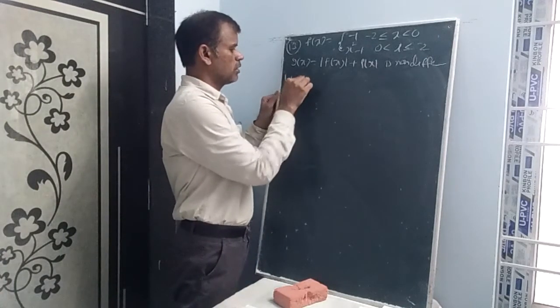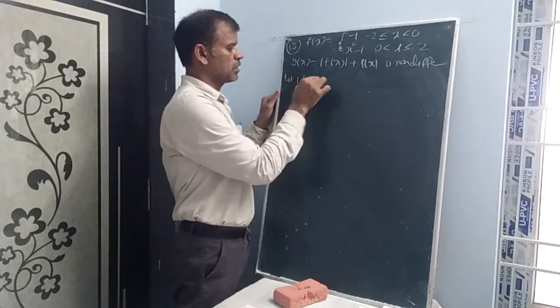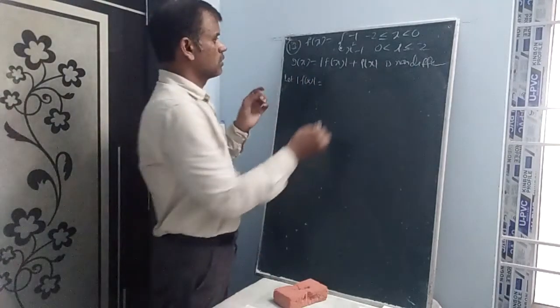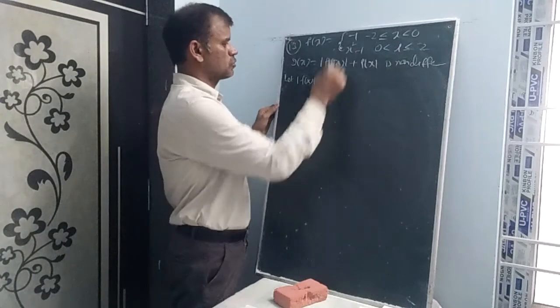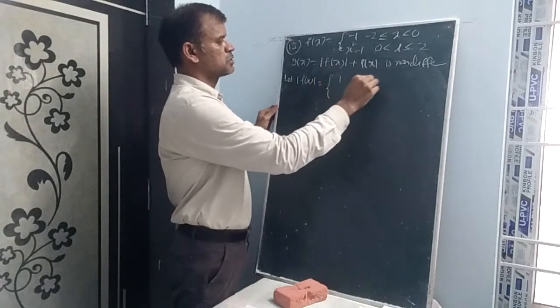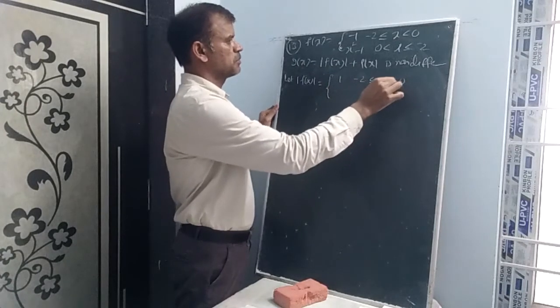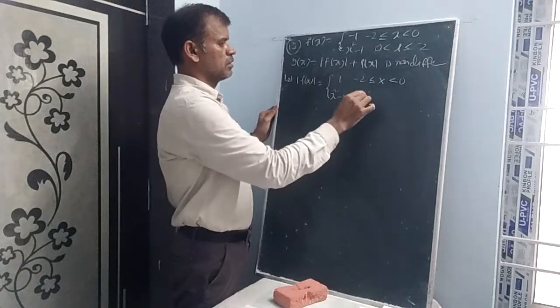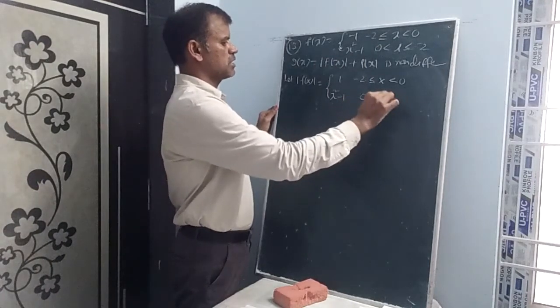First, modulus of f of x: it is 1 for minus 2 less than x less than 0, and x square minus 1 for 0 less than x less than 2.